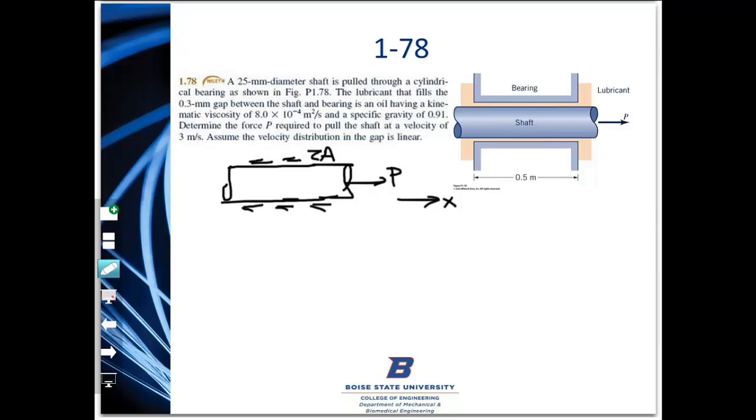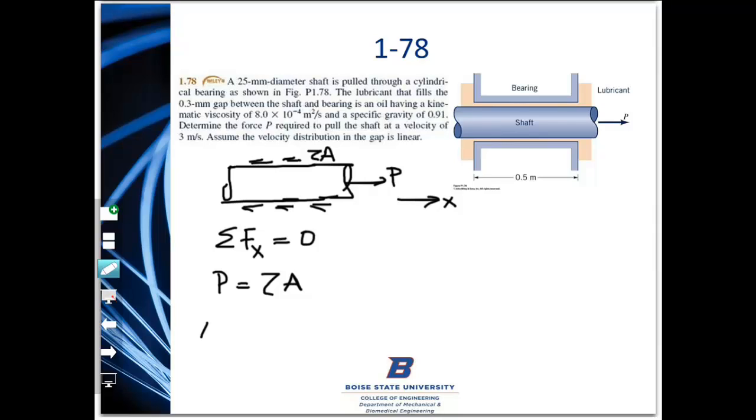If I denote this to be my positive x direction, the sum of the forces acting, sigma Fx, should be equal to 0, which means P equals the shear stress times the area.